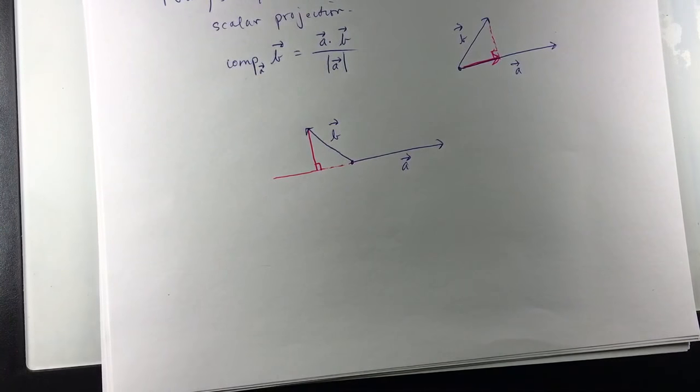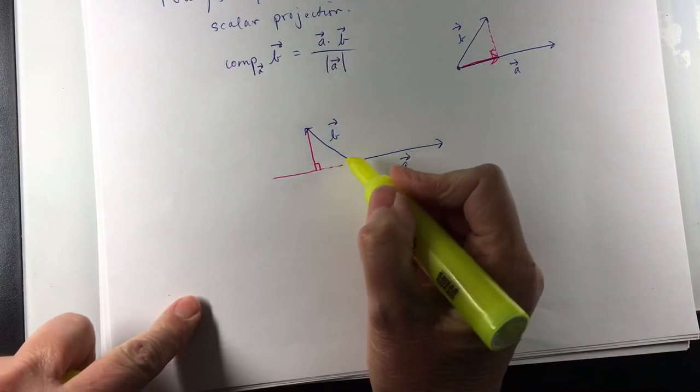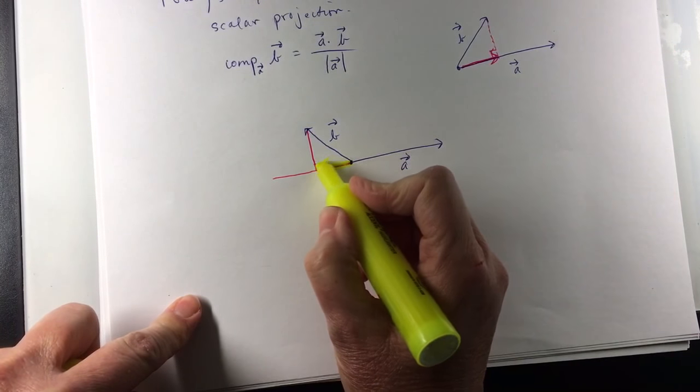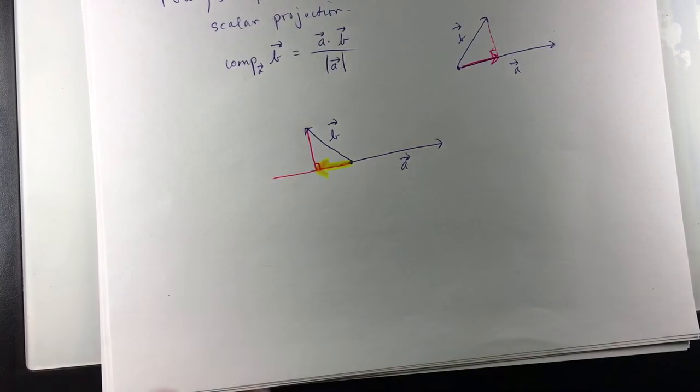And for the scalar projection, I do need the projection vector to have the opposite direction from A. And that's when you would have the scalar projection being a negative number, because the dot product can be negative.